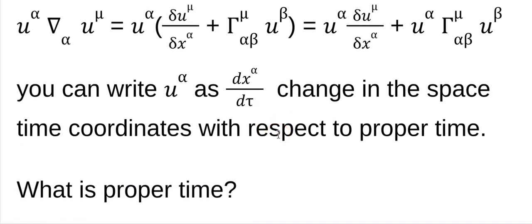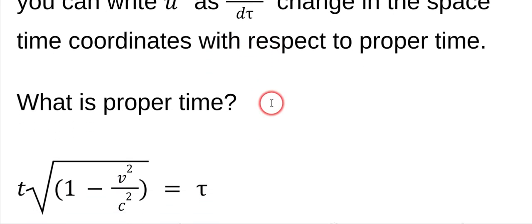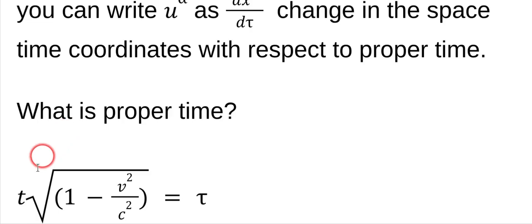Let's think back to special relativity, okay, where we saw an equation that looked like this. We had time times this Lorentz factor, the gamma factor, is equal to tau. So this time is the time of someone at rest, and this is the time of someone moving.